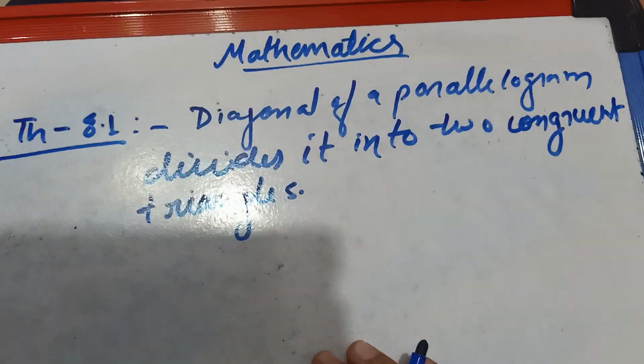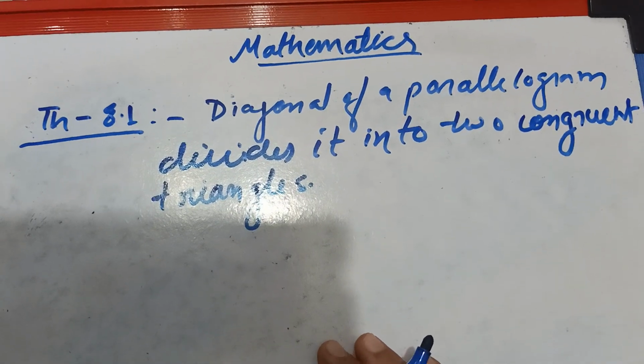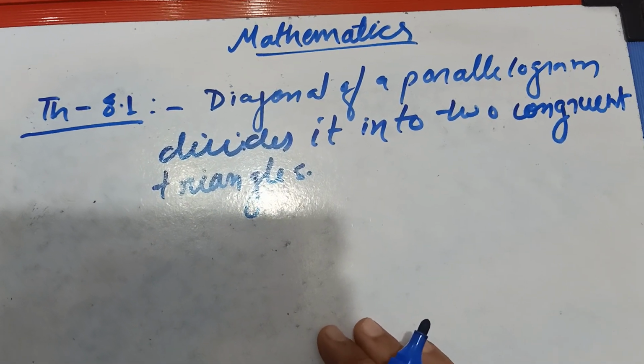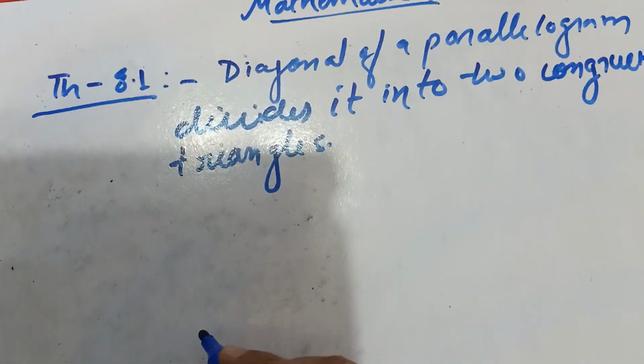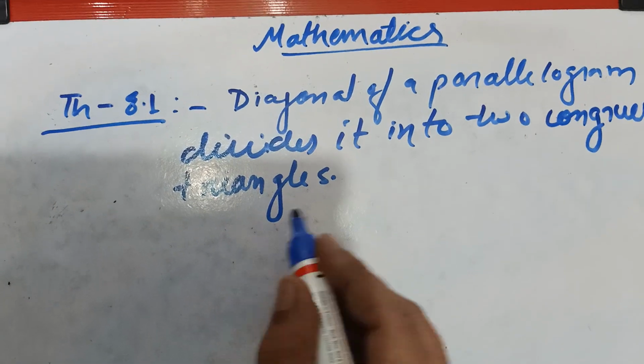Any diagonal of a parallelogram divides it into two congruent triangles. So this is the statement which we have to prove.